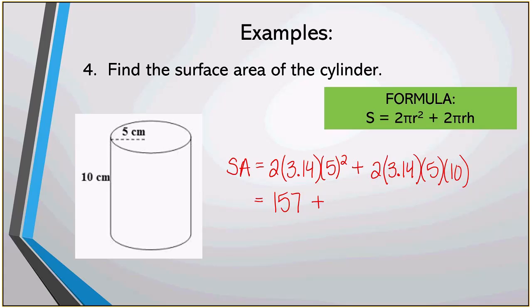I used a calculator. 2 times 3.14 times 5 times 10 is 314. This one's cool. I'm not even going to have to round. So now I'm going to add 157 to 314 to get a total of 471 centimeters squared.